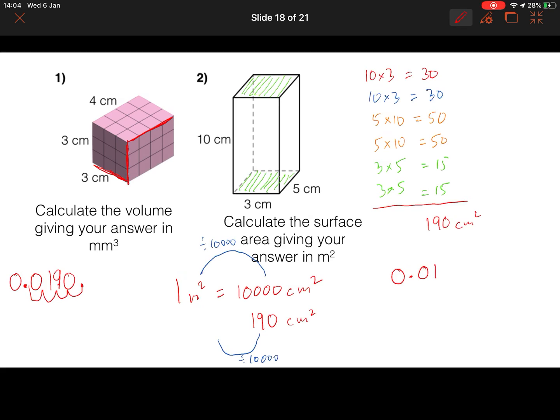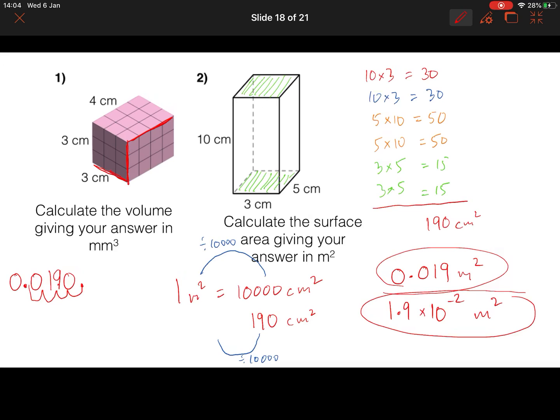So my answer is 0.019 meters squared. Okay, and you could even be tempted to write that in standard form. So the answer is 1.9 times 10 to the minus 2 meters squared. There's my actual answer. There is the same answer written in standard form.